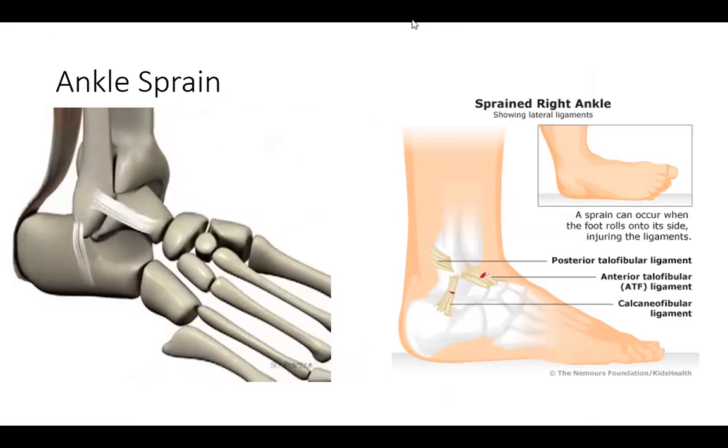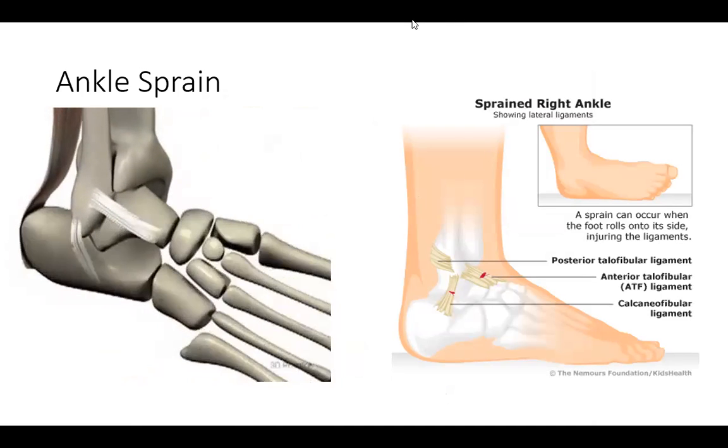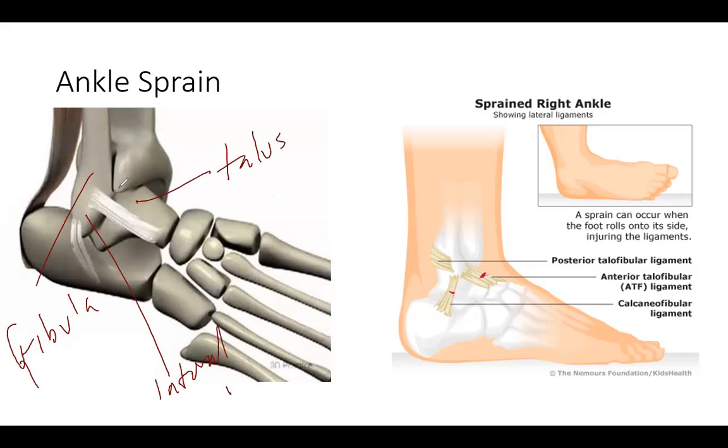For example, let me show you here. You can see here's the talus right there. Here is the fibula there. This is the lateral malleolus. And here is the tibia.